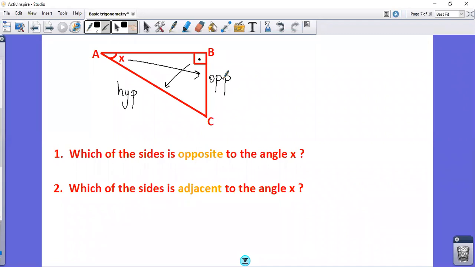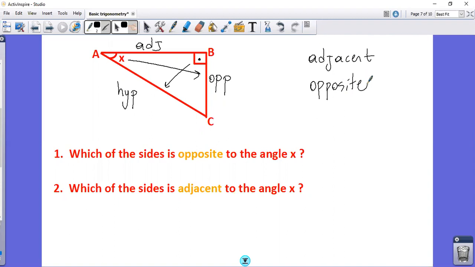So hypotenuse is AC, opposite is BC. We are left with only one side, which is called adjacent. Let me write ADJ for adjacent and OPP for opposite.